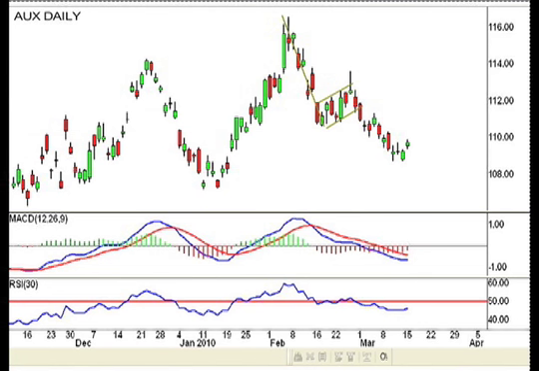Flags and wedges have the same connotation in the sense that we have our bearish wedges, we have our bearish flags. This would be more representative of a bear flag, but again, you can see that while the pair value reversed and made an attempt higher, our MACD continued to support a move to the downside.